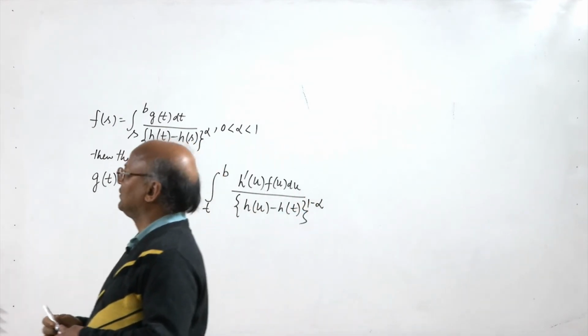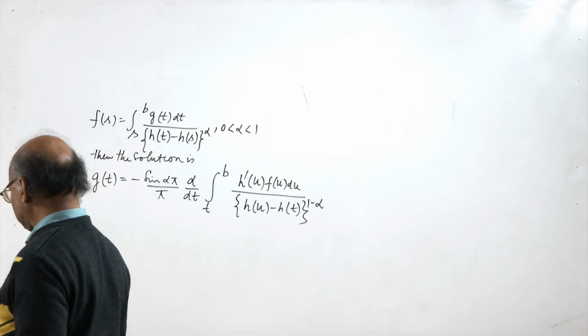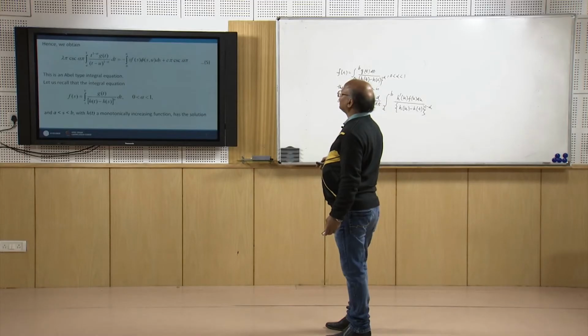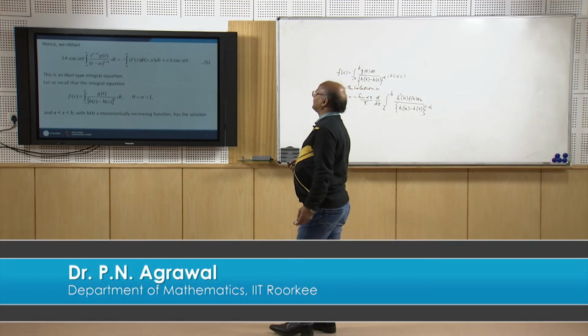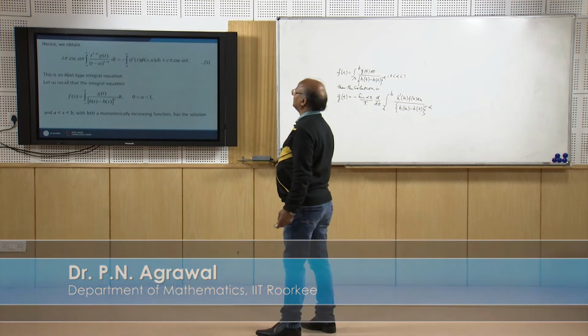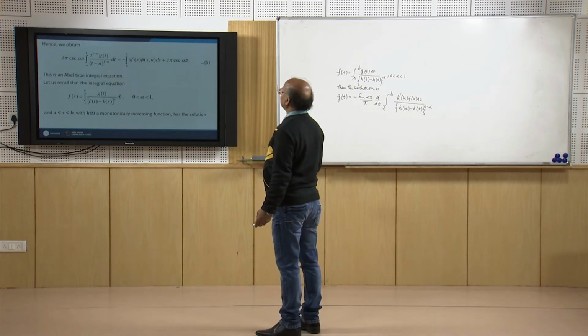Now, let us compare. So, our integral equation is this. We want to know the function g(t). We want to solve this equation, means we want to know the unknown function g(t), and this is a known function.